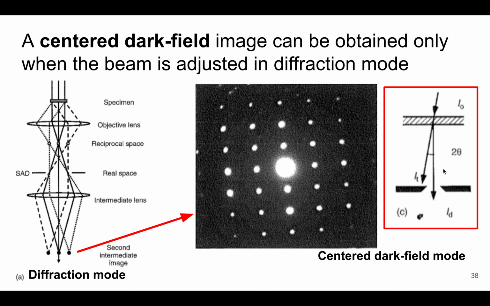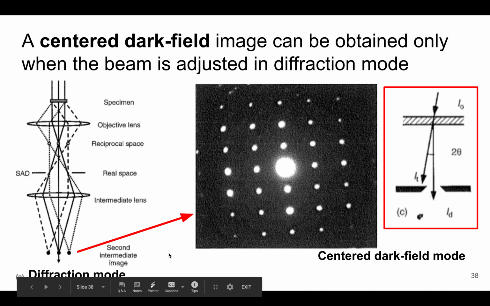Effectively, we've set it up so that the aperture is in the same place, but we've adjusted the beam itself such that the diffracted beam goes straight down through the aperture, and the transmitted beam is what hits the aperture. So we've centered the beam to do that. And we need what's called diffraction mode to do this. So we actually have to use a different mode.